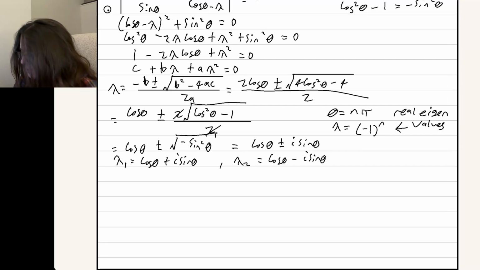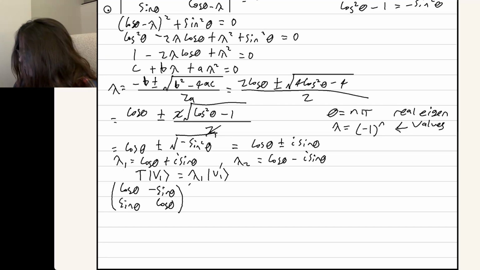Those are given by the equation of the rotation matrix times arbitrary eigenvector v1 is equivalent to eigenvalue lambda 1 times vector v1, right? So we can set it up like this. We'll just do the rotation matrix here, cosine theta, and then I'm just going to call the components of the eigenvector v1x and v1y for now.